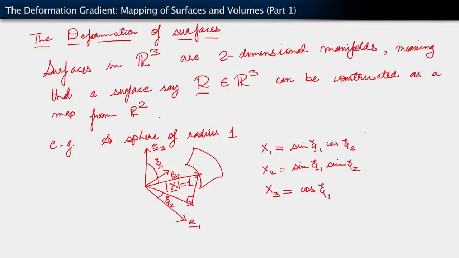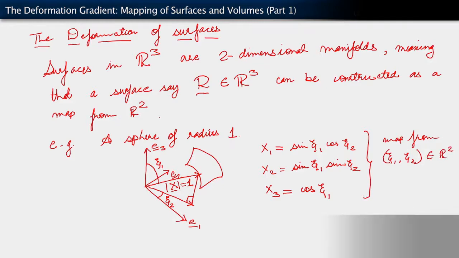Okay, so once we have these 3, observe how many parameters we needed to actually construct a point on the sphere here. We needed just 2 parameters, C1 and C2, all right? So by doing this, we've defined a map. It gives us a map from C1, C2, this set of points belonging to R2.